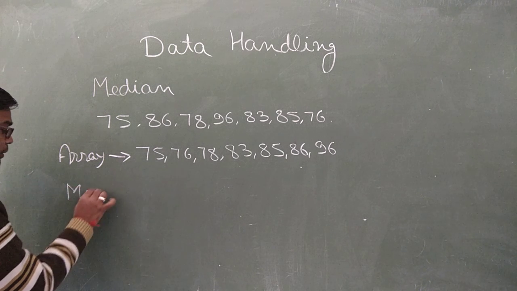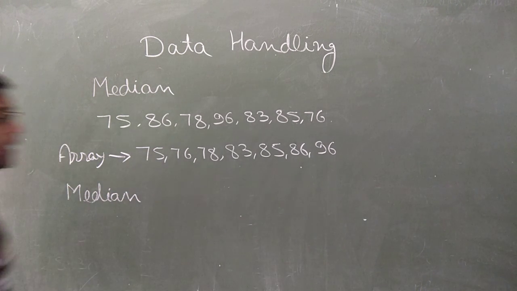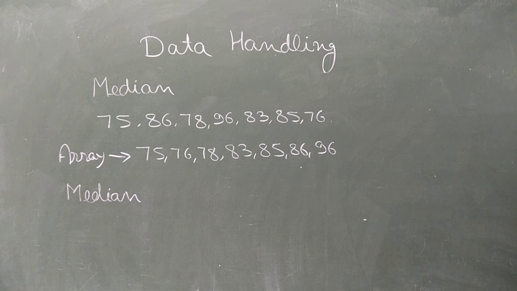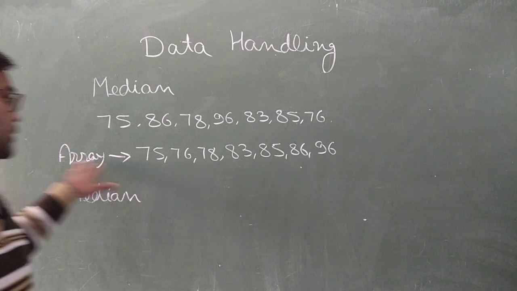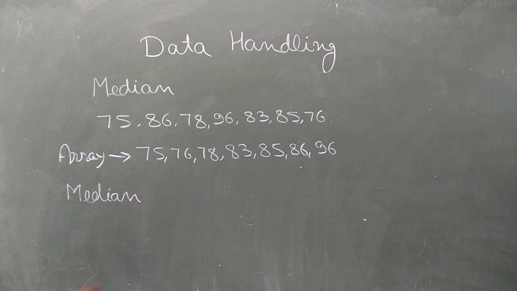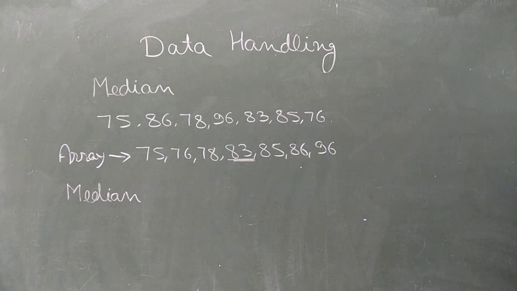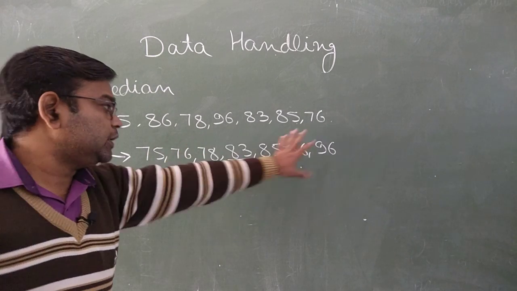Always remember that median means the data which is exactly at the center of the data whenever it is arranged in array format, whether ascending or descending. If we observe, this 83 lies exactly at the middle of the data, 3 on this side, 3 on that side.